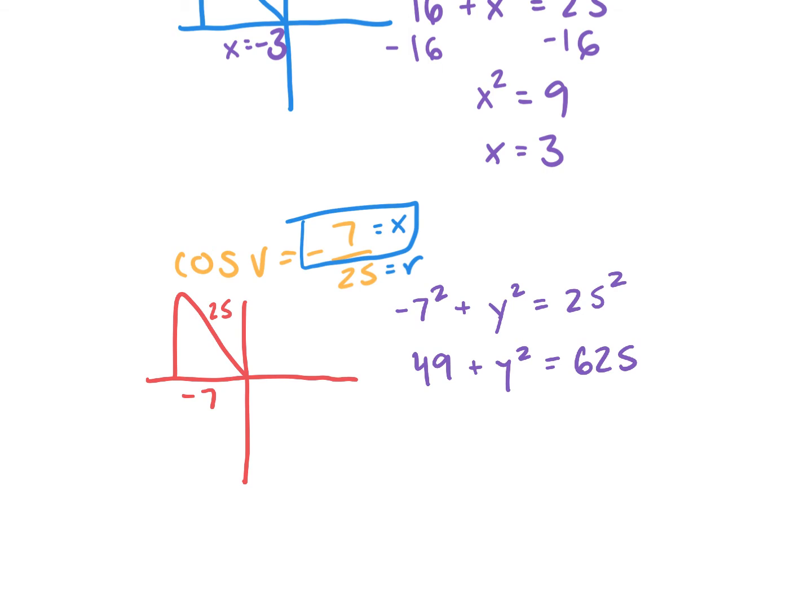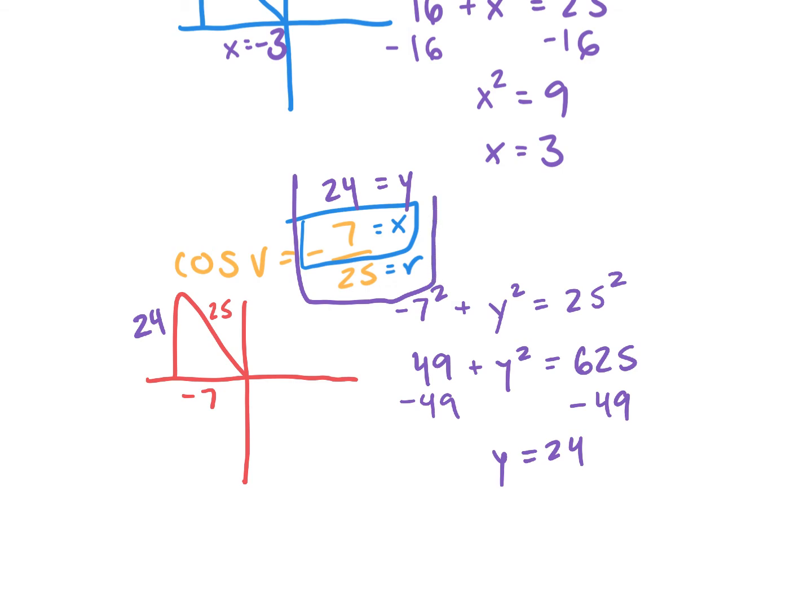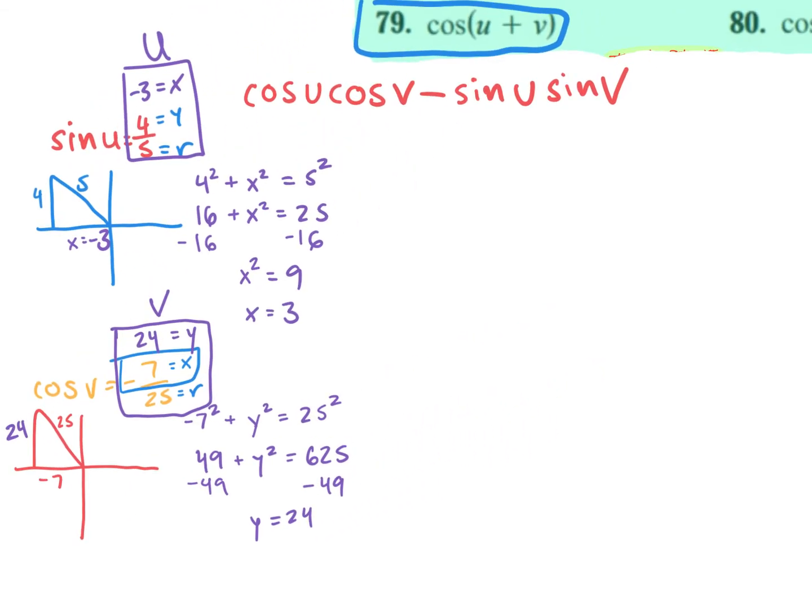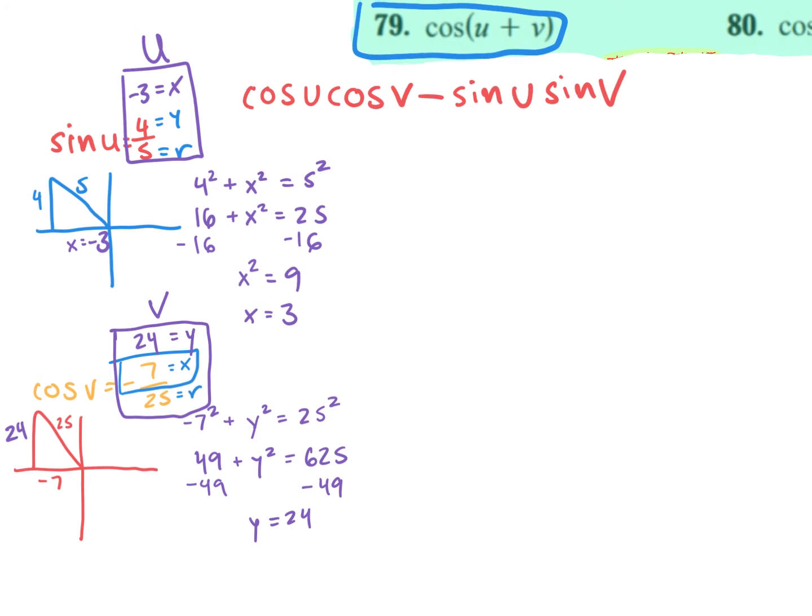Just take the square root of that. That would be 24. So y is 24. Is it going to be a positive 24 or negative 24? Positive, because it goes up. So y is 24. So this is my x, y, and r for my v triangle. So now I go back to this formula that I had here. Cosine would be what over what?